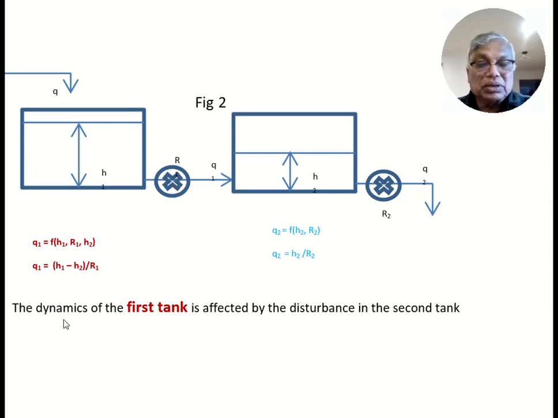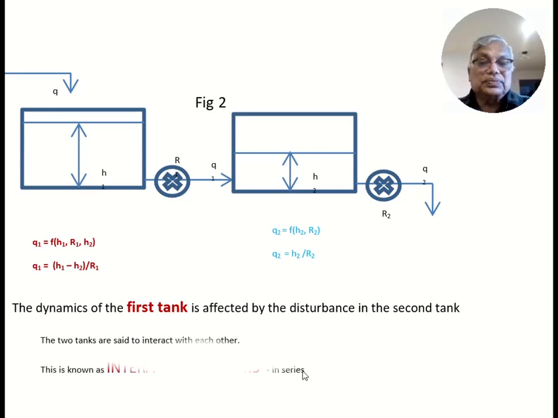So the dynamics of the first tank is affected by the disturbance in the second tank. The two tanks are said to interact with each other, and this is known as interacting systems in series.